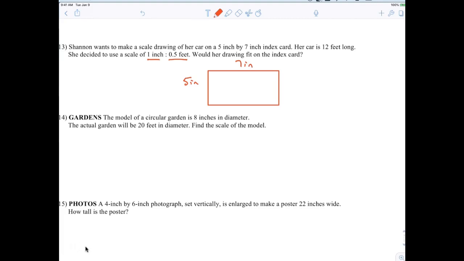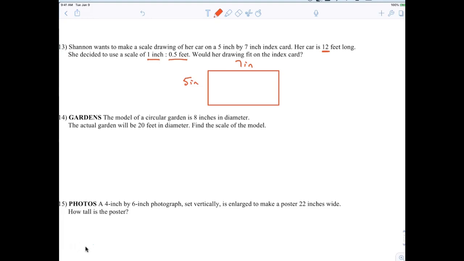Wow, the answer said yes, but I got no. I know the answer said 6 inches, but that's not right.